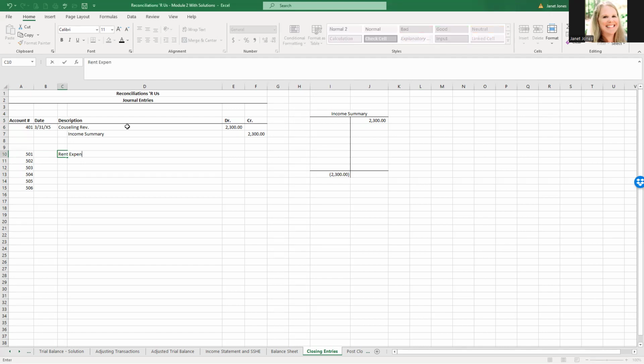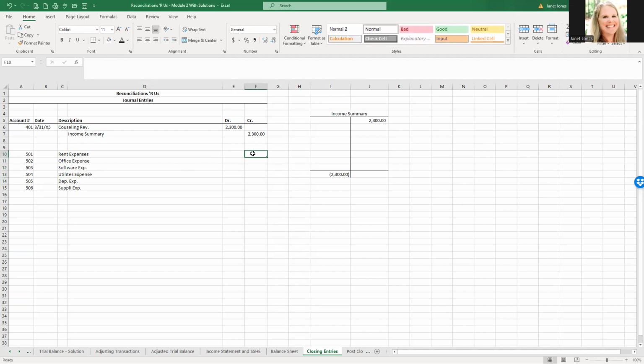So we have rent expense, office expense, software, utilities expense, depreciation expense, and then supplies expense. So again, these are all sitting there with the debit balance.